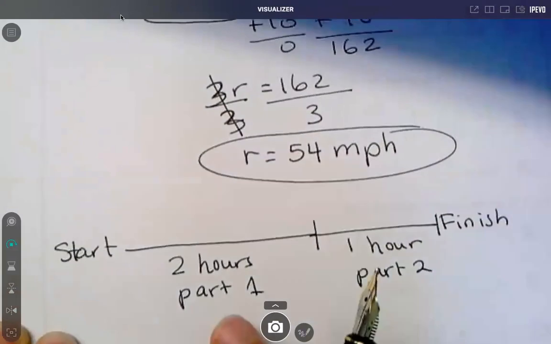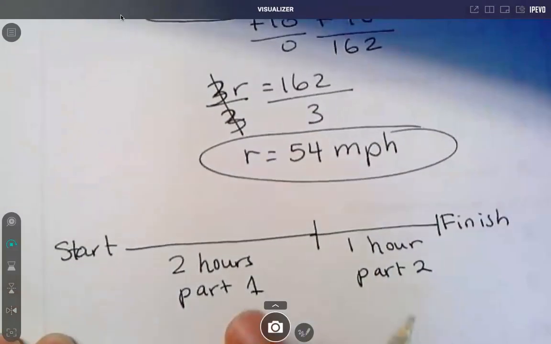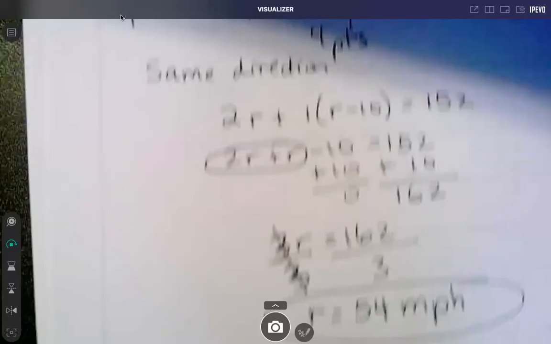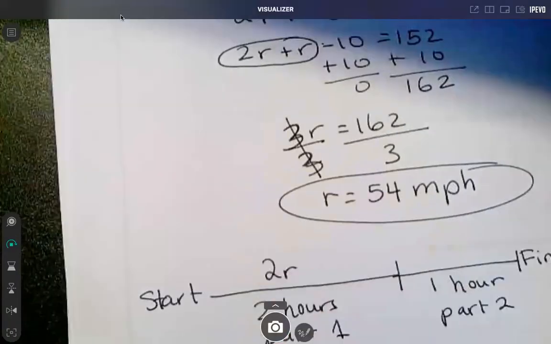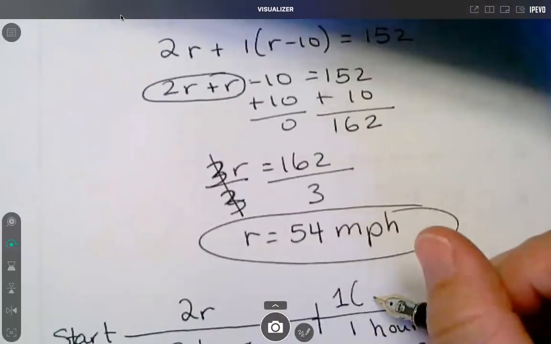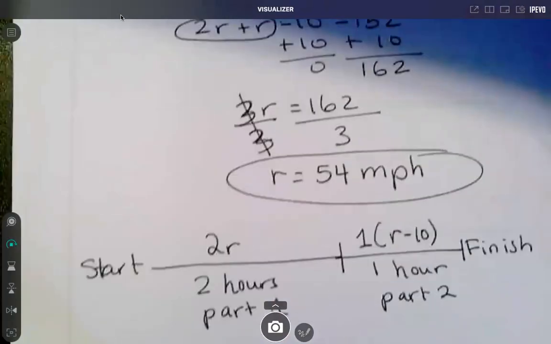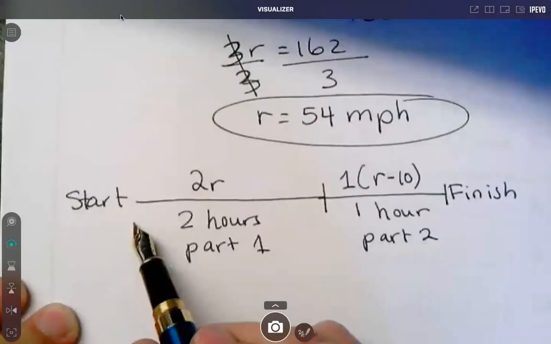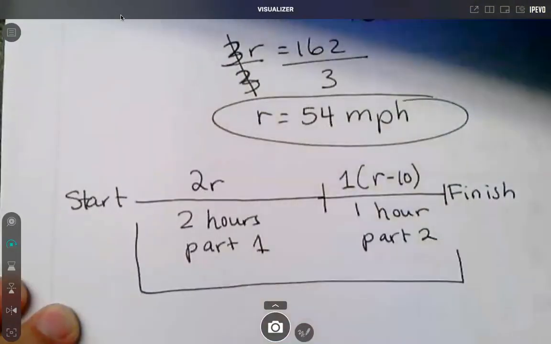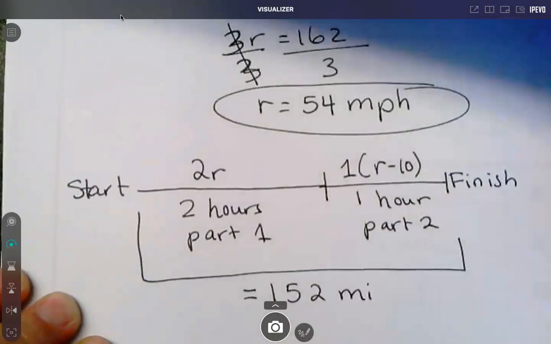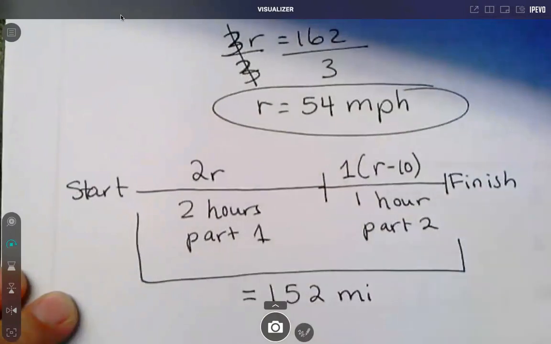And you could label it further with this stuff. So the original speed, her distance is 2r, and then the slower speed distance is 1 times r minus 10. And then you might want to say like this plus this equals 152 miles. Yeah, something like that. Nothing fancy.